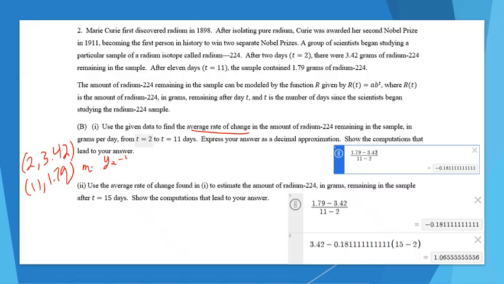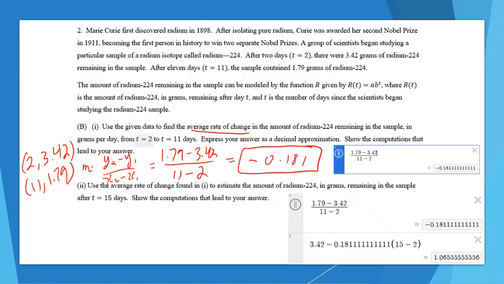It's y2 minus y1 over x2 minus x1, which, plugging it in, should be 1.79 minus 3.42 all over 11 minus 2. Here we should get as a decimal approximation negative 0.181 repeating, so that would be our answer, just rounding to 3 decimal places there.